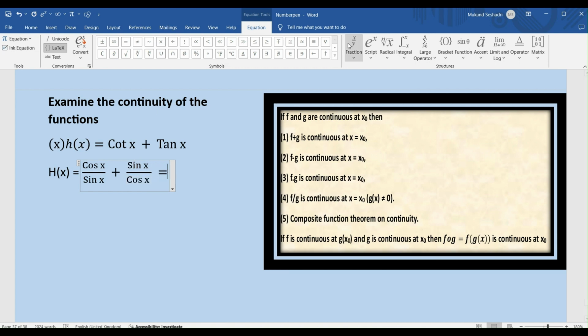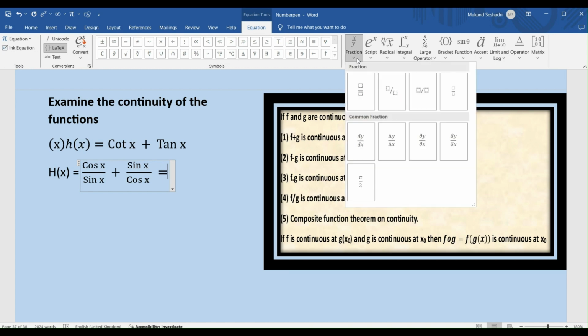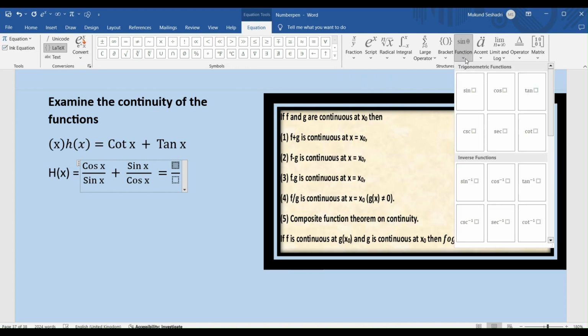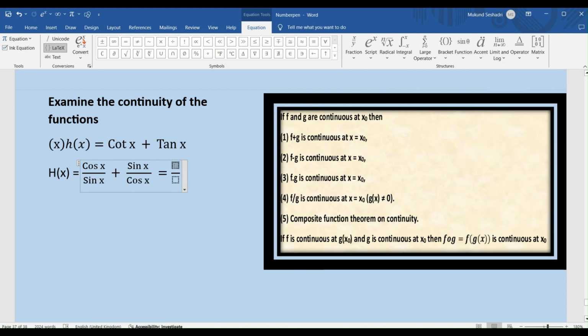I get my numerator becomes sine square x plus cos square x, right? And we know that sine square x plus cos square x is always 1. And my denominator becomes sine x cos x, right? So what is this?